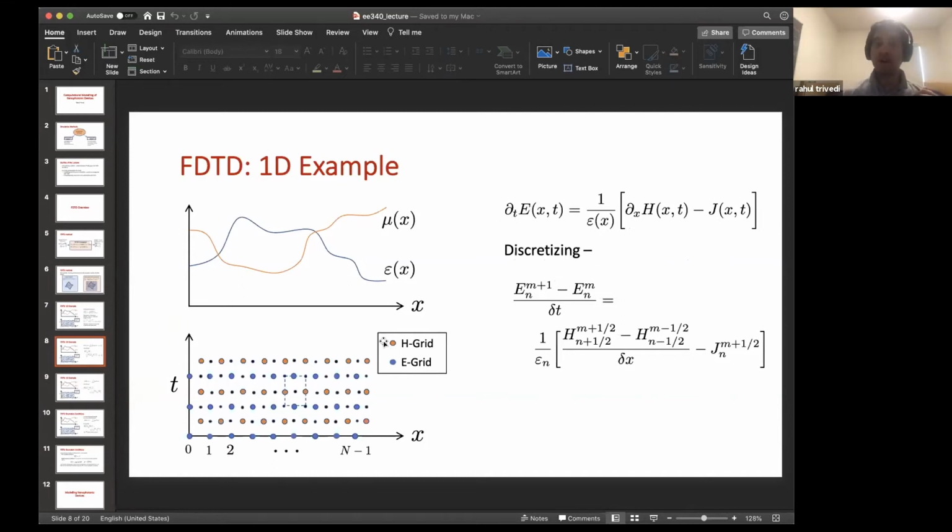Let us impose this equation at this point which I have drawn inside this box, this black point here. Now if you're differentiating the electric field in time and you want to evaluate this derivative here, to get an accurate approximation of the derivative, I'll take one point on top and one point on bottom.